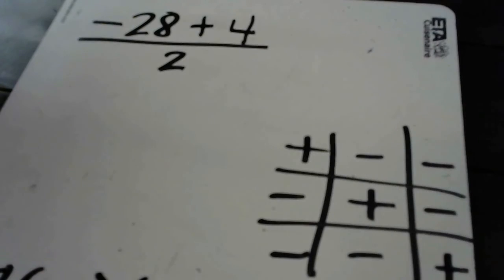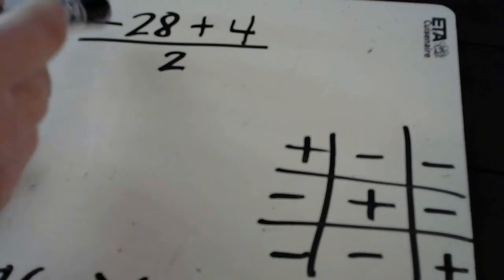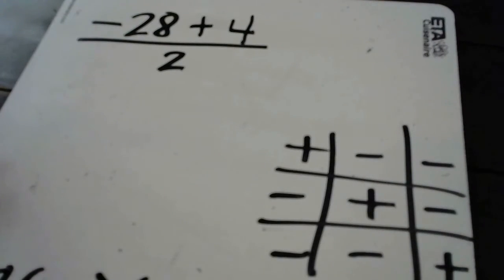So what we do first is solve what's on top first, the -28 plus the +4. We know from our addition and subtraction lesson that when you're adding negatives and positives, you take the sign of the larger number. The larger number between 28 and 4 is 28, not the greater value.